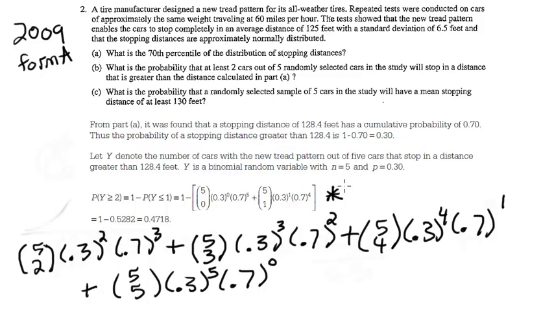And then we're assuming each car is independent of every other car in terms of stopping distance, and that the probabilities are fixed. It's 70% and 30% each time. And that we're just taking 5 cars, so there's a fixed number of trials. So it was a great review of how the binomial distribution works, working that into the question.